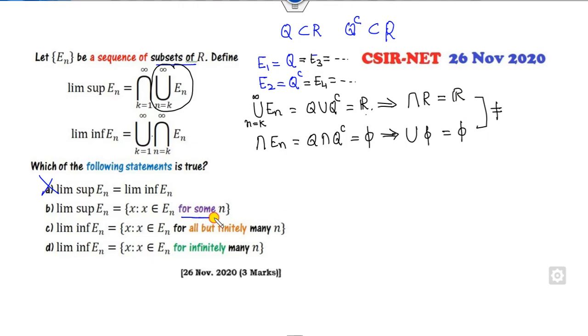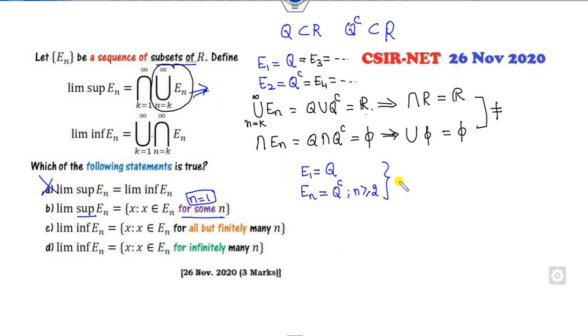Then for some n, I assume n is my 1. So that means it is E1. Fine. I can consider E1 is my Q, and the rest of them I skip. The rest of them are my Q complement, where n is greater than or equal to 2. Then again I can try for the limit supremum, that is only for this part.